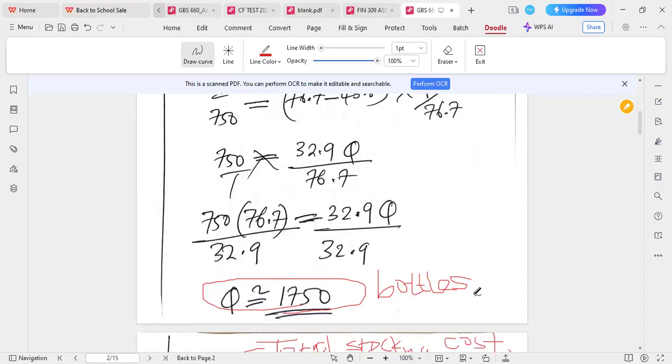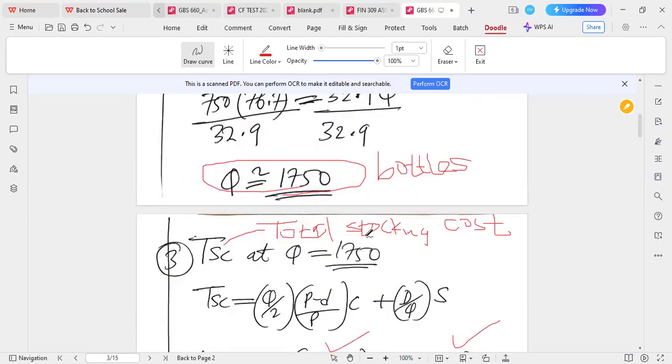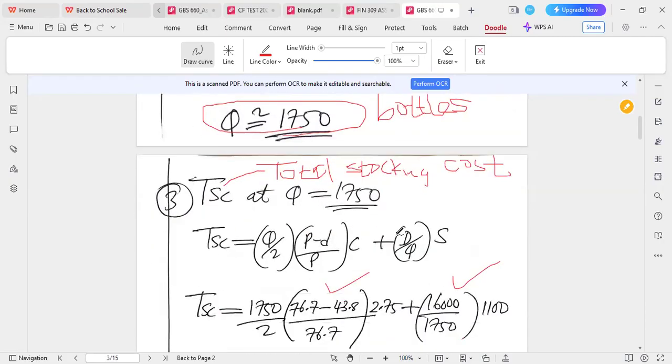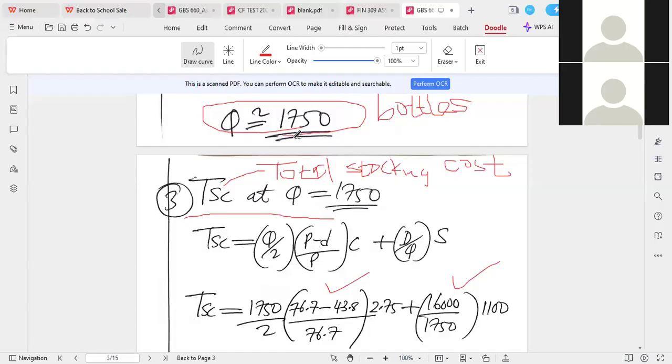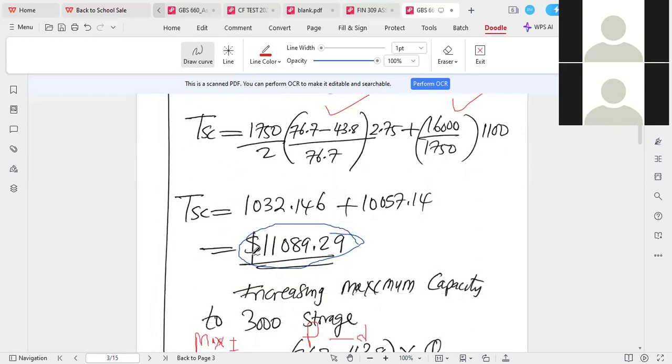After finding this 1,750 bottles, there is need now to find the total stocking cost. The total stocking cost gives us 11,089.29.